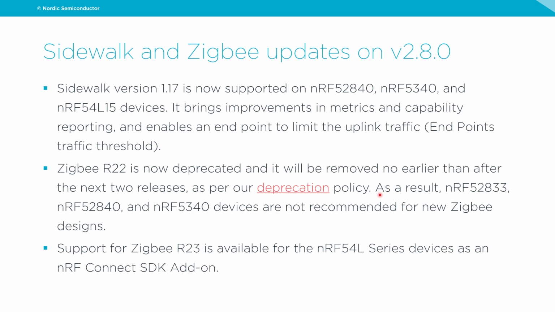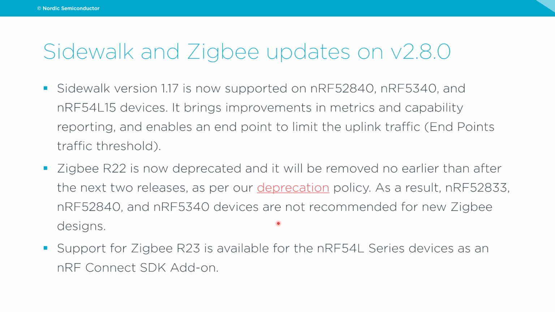As a result of this deprecation, the nRF52833, nRF52840, and nRF5340 devices are not recommended for new Zigbee designs. However, we did introduce support for Zigbee R23. This is available for the nRF54L series only, and this is an add-on on the nRF Connect SDK.